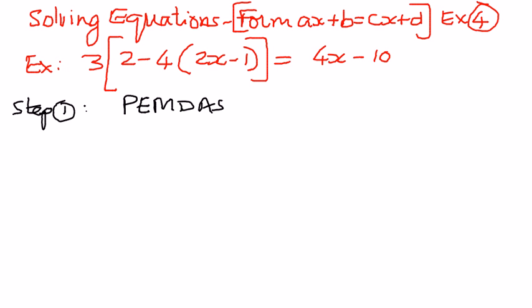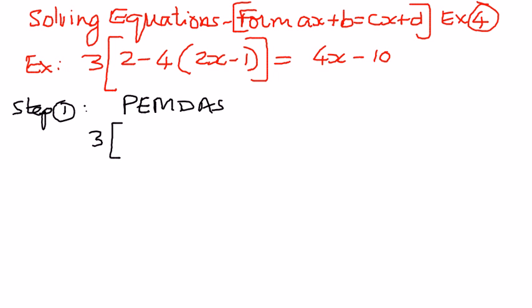Then we will expand the exponents if we have any. Then we will perform the multiplication, division, addition and subtraction as they occur from left of the equation to the right of the equation. So we will start this simplification process and see how far we can go, and then we will use the addition, subtraction, multiplication, division rules to solve for x.